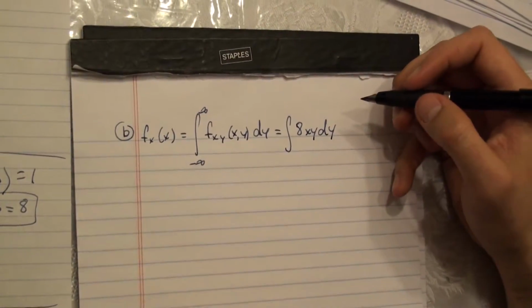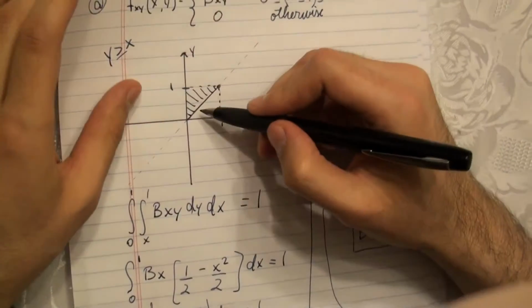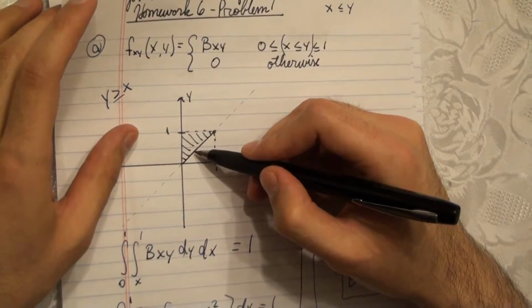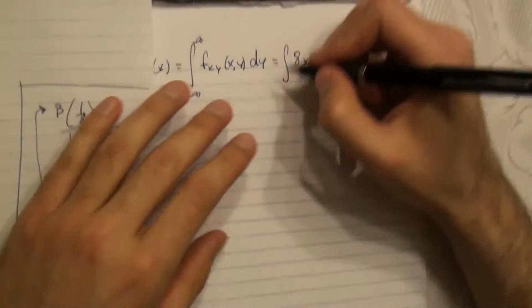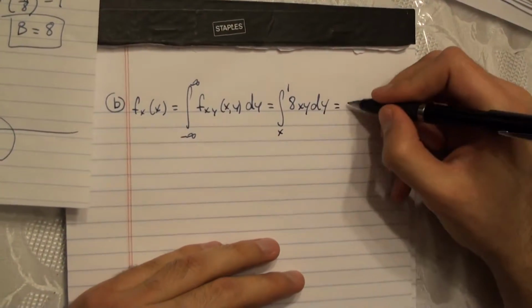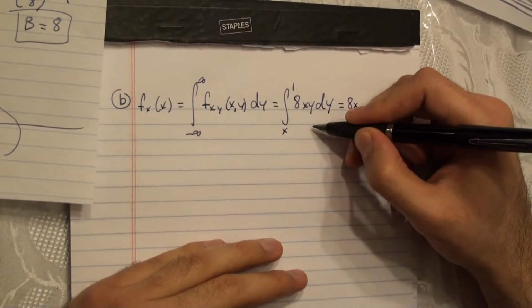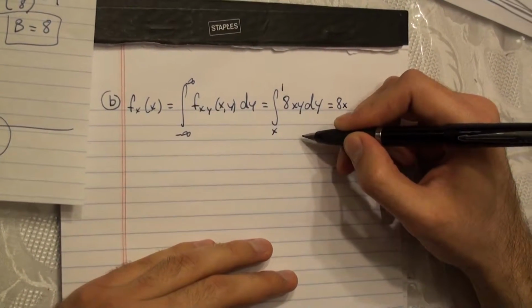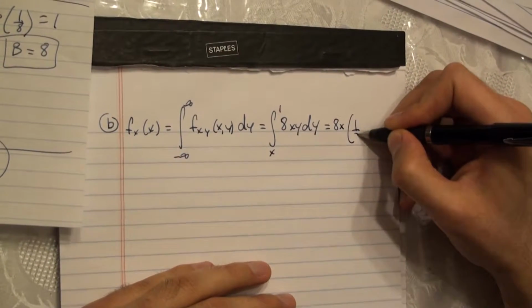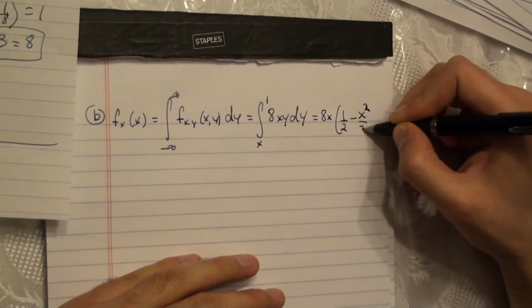Now, where does y go from? The only place that y goes from is from x to 1. So let's do that. We get 8x times y squared over 2, evaluated from x to 1. So we're going to have 1/2 minus x squared over 2.